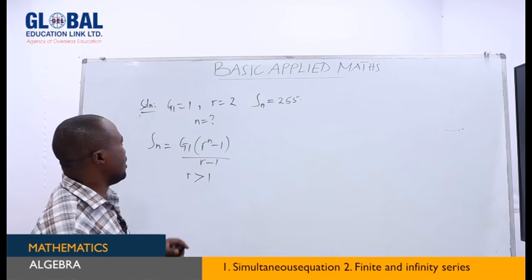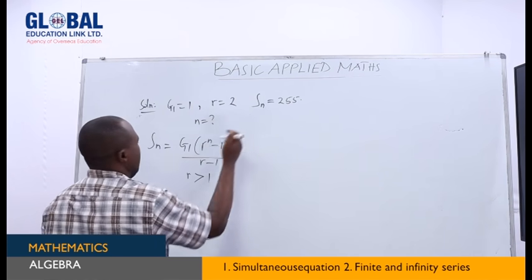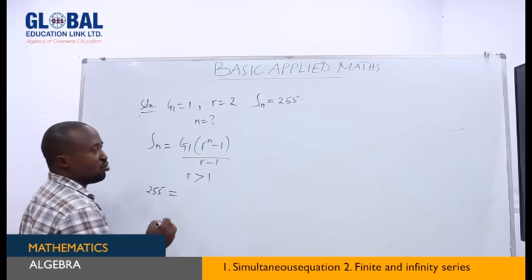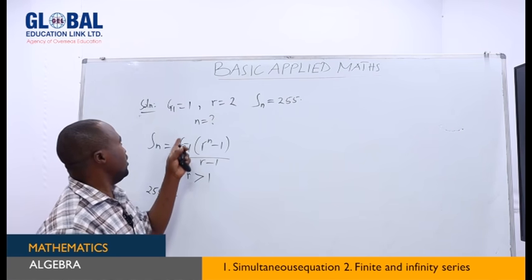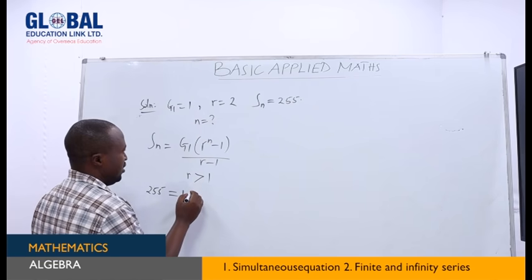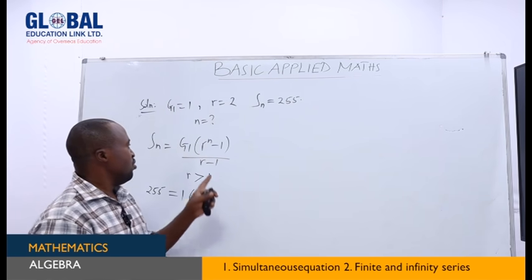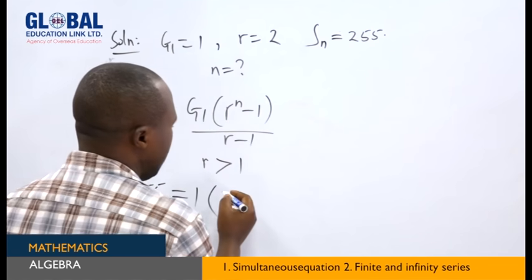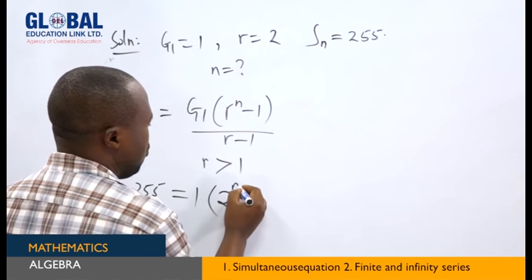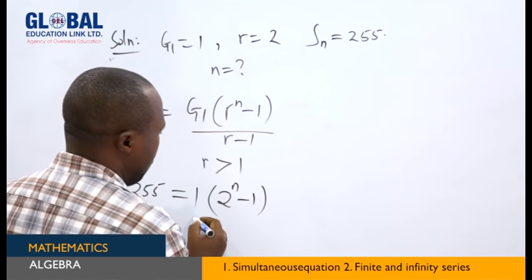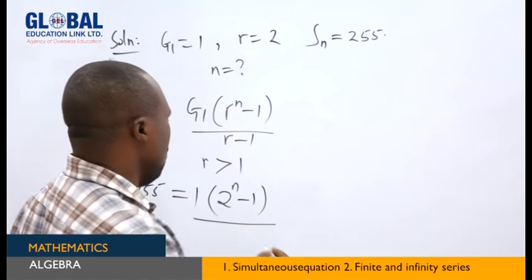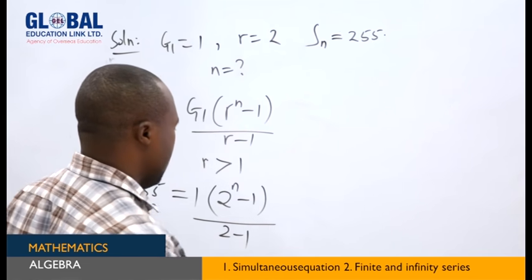Now let us substitute these values. S_N is 255, which is equal to G1, and G1 is 1, times the bracket of R raised to N. R is 2, so it is 2 raised to N minus 1, over R minus 1, that is 2 minus 1.